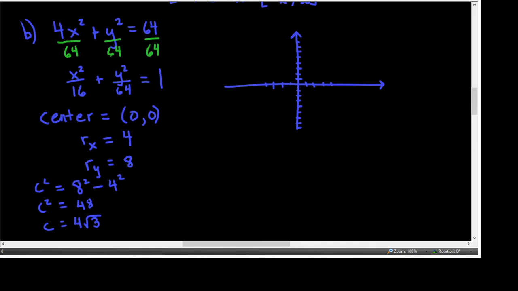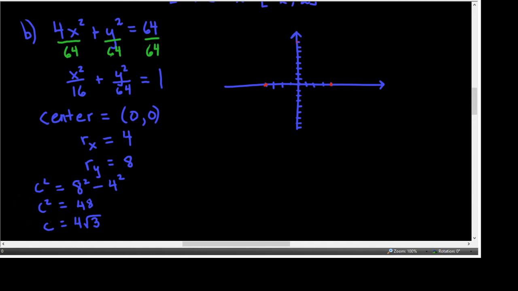Alrighty. So since our center is at 0, 0, I'm going to put a dot there. I know you can barely see that, but I'm putting a dot there at any rate. Then the x radius is 4, so from the center I'm going to move 4 to the right and 4 to the left. And the y radius is 8, so from the center I'm going to move up 8, 1, 2, 3, 4, 5, 6, 7, yeah, I did count that many.